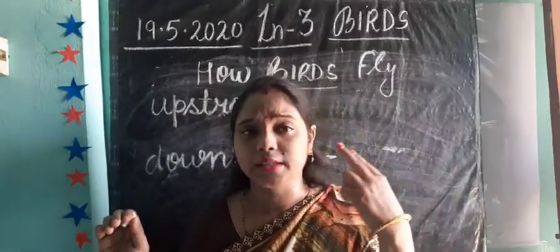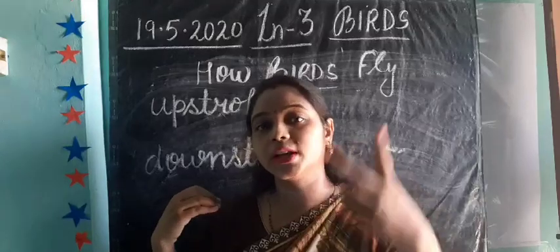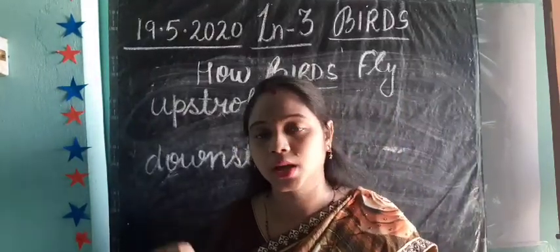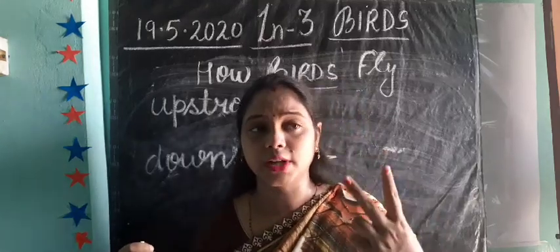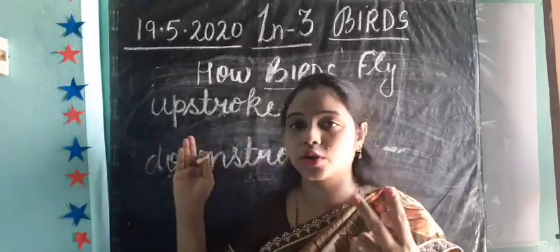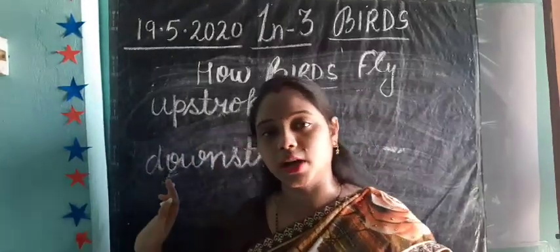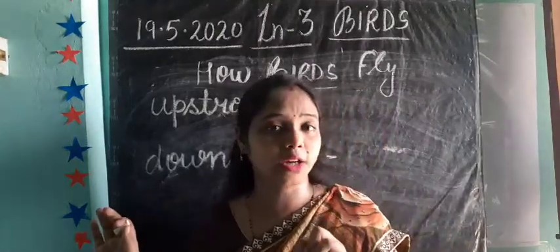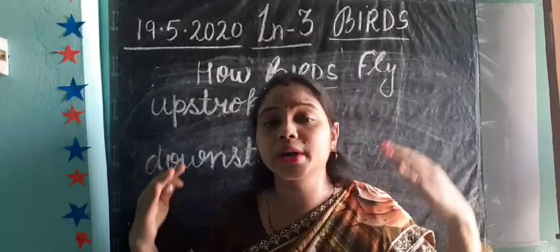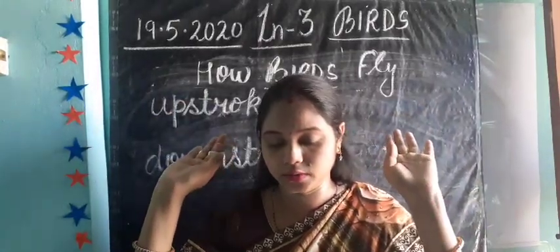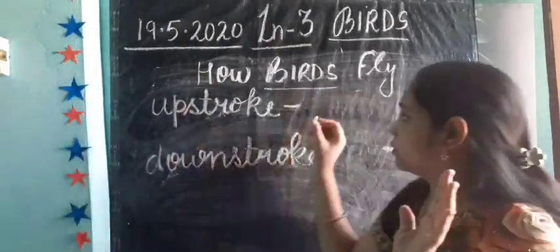That means the bird's wings are moving in two main directions: upstroke movement and downstroke movement. These two movements they are doing. So in upstroke movement, their wings are going upward and backward.